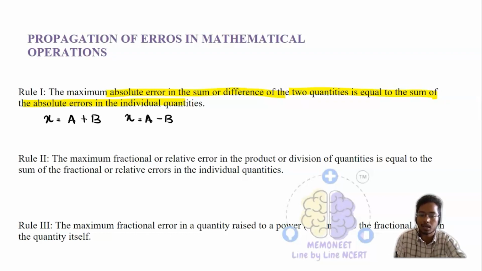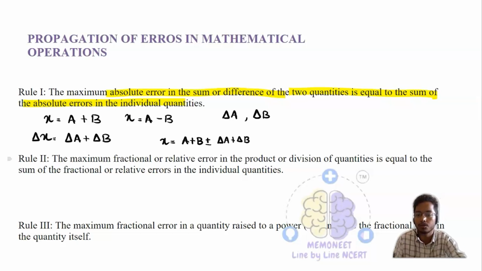In both cases, let's say we have the errors del a and del b. So we can write del x is equal to del a plus del b. So the final expression we will write is x is equal to a plus b plus or minus del a plus del b. This is how we will represent it.